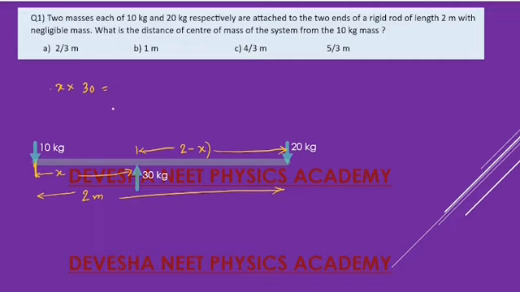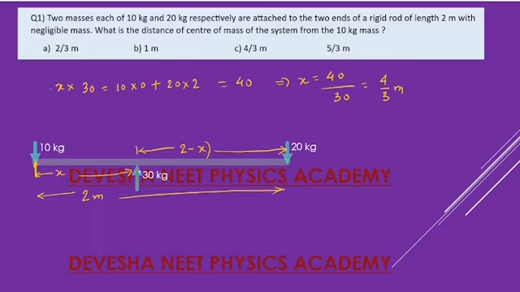So this will be 10 into 0 plus 20 into the distance of 20 from the reference point, which is 2. So the right hand side becomes just 40. So x is equal to 40 by 30, equal to 4 by 3 meters.